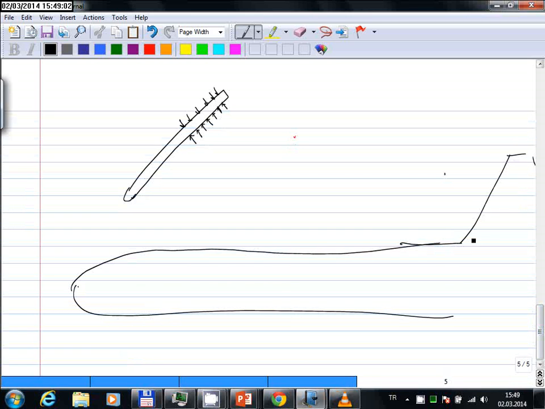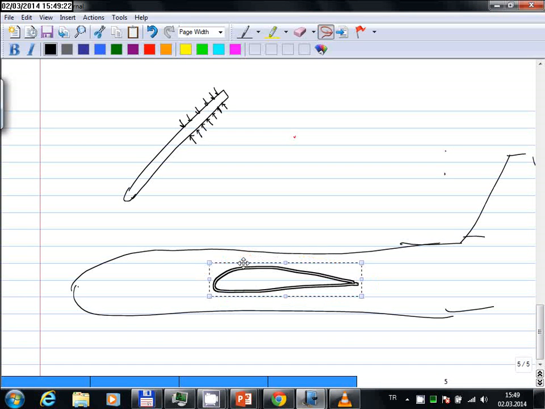I have this vertical stabilizer, and when you look from the side view, you see the wing's cross section, and we will be concentrating on this part only and ignore the rest of the aircraft. This shape here, which is the cross section of a wing, is called an airfoil.